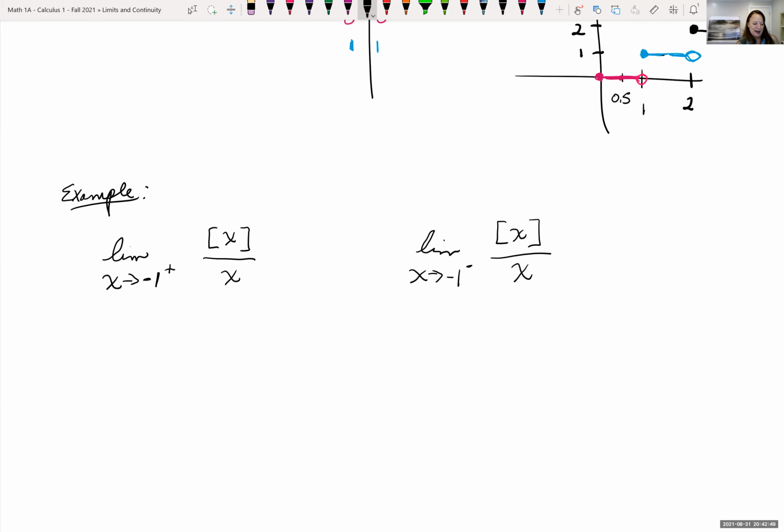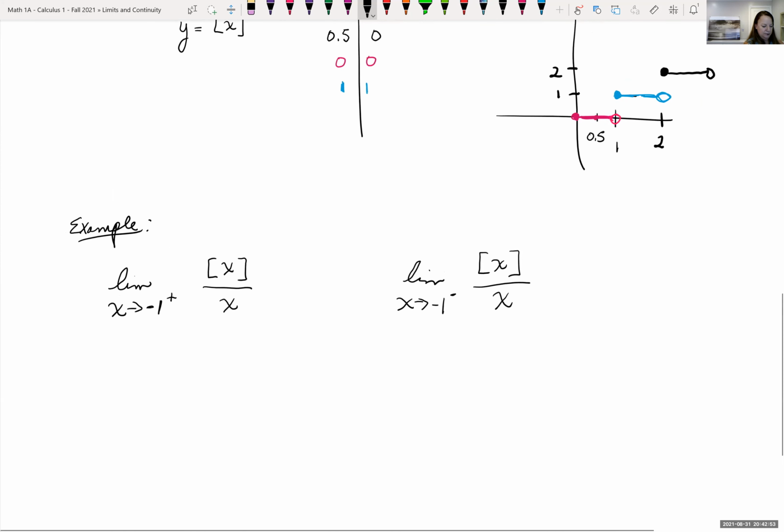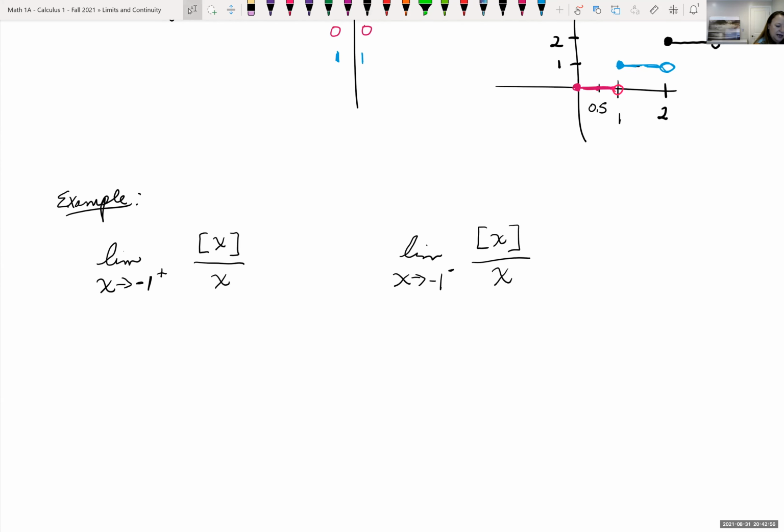Okay, well, let's go back and think about this. If you're plugging in a number and we're coming in on the right of x equals -1, this means I'm choosing numbers of x which are greater than -1, but close. So let's think about that.